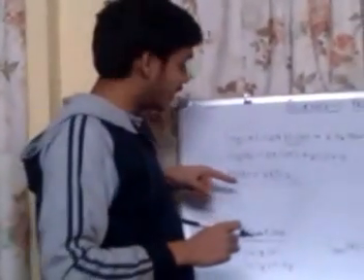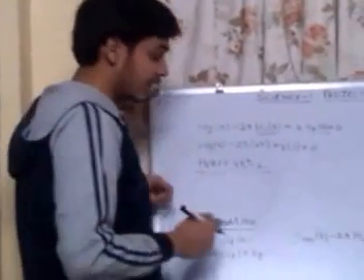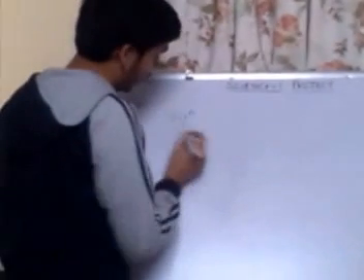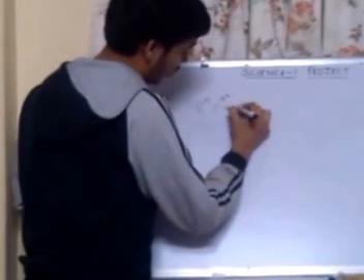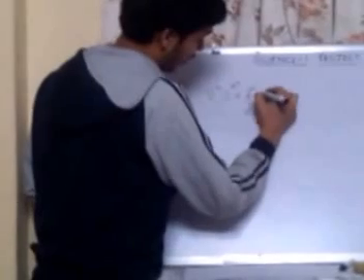Another way by which we can get the values of Hermite polynomials is by using the generating function. Now, the generating function which is used for the Hermite polynomials is Hn of x equal to minus 1 raised to n e raised to power x square into d by dx n into e raised to minus x square.